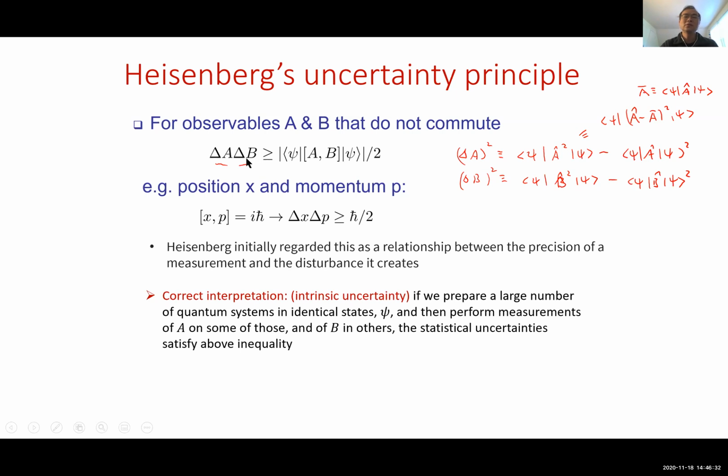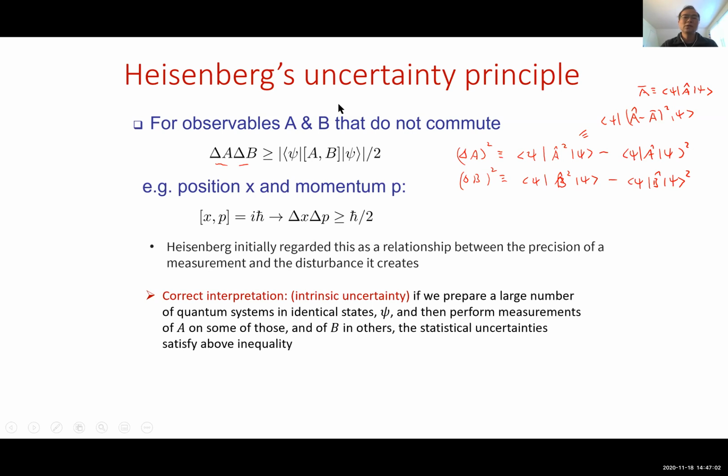There's nothing said about measuring A creating a disturbance, although both uncertainties need to satisfy this. So if they don't commute, then there is a non-zero lower limit. For the correct interpretation, you can read Nielsen and Chuang or a standard quantum mechanics textbook.